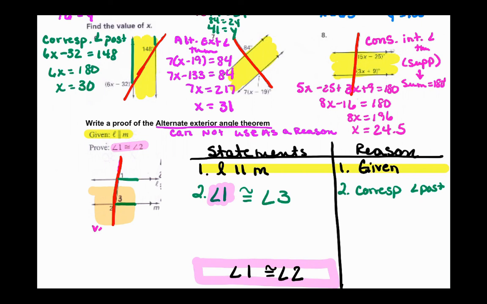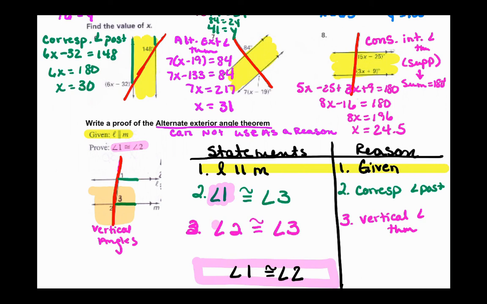So these are vertical angles, and we can now use the vertical angles theorem. According to the vertical angles theorem, those angles are congruent. So angle 2 is congruent to angle 3.